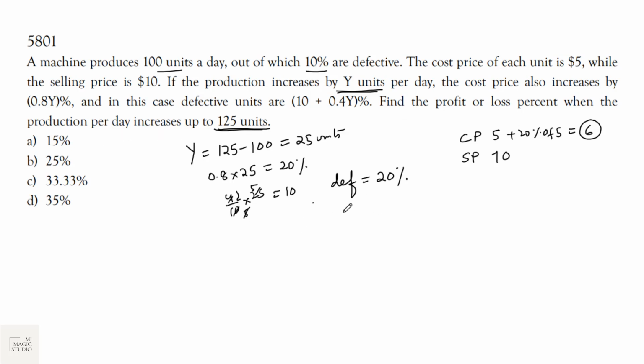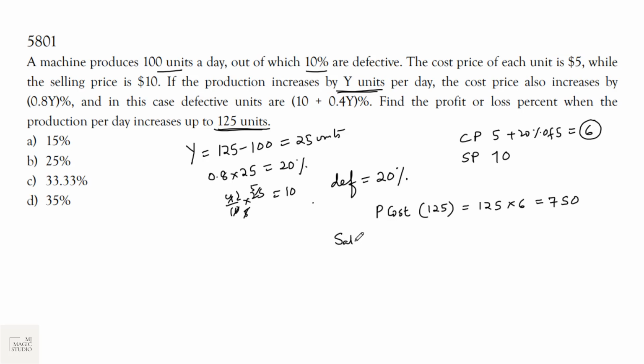Okay, so first we need the production cost. Production cost would be of 125 units. That would be 125 into 6, that is 750. Now, how many units is he selling? He's selling only 80%.